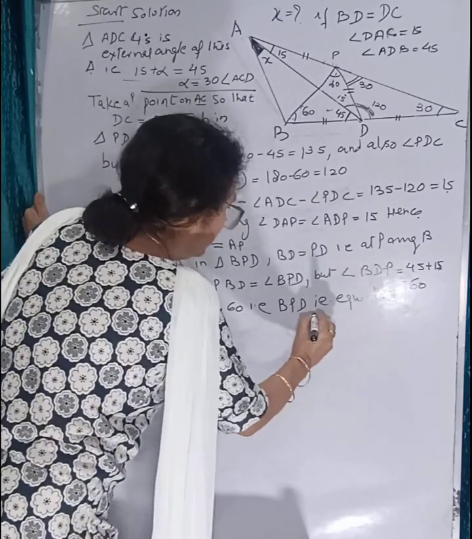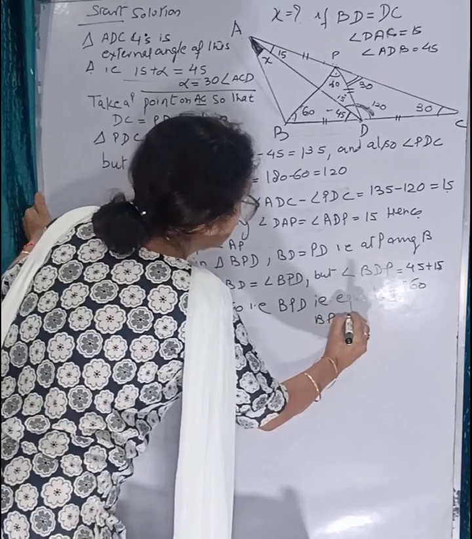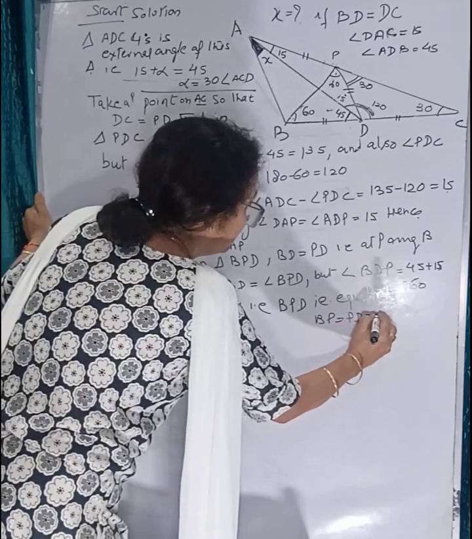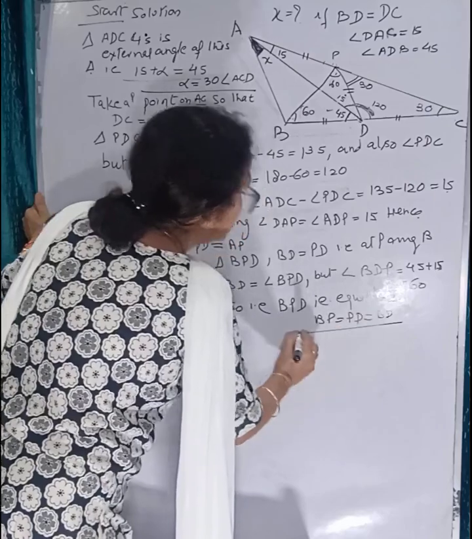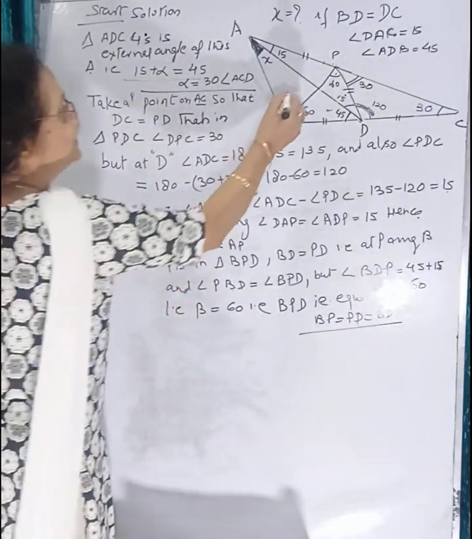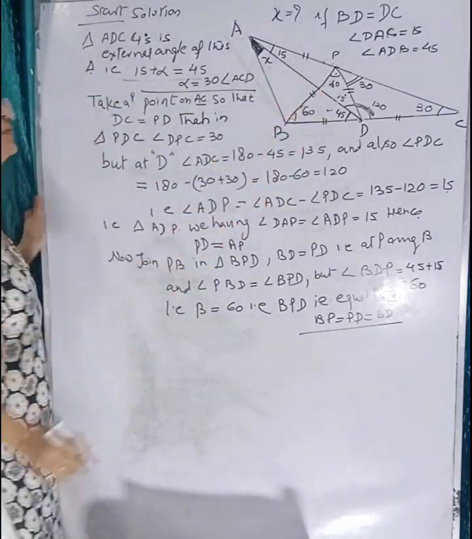It means BP is equal to PD is equal to BD. अच्छा, it means this arm is also equal to the same.